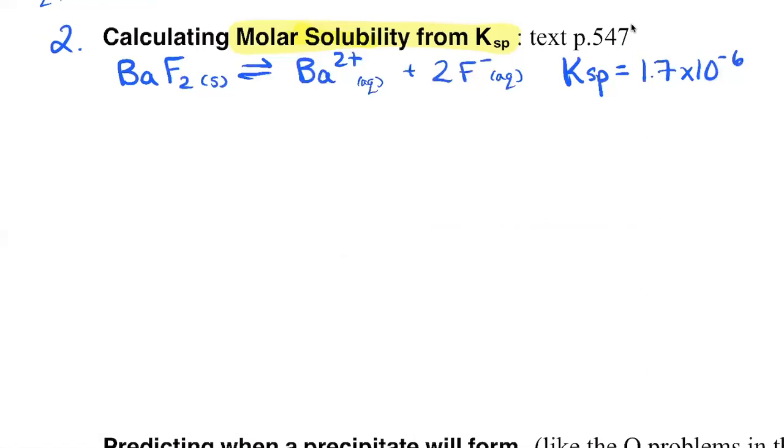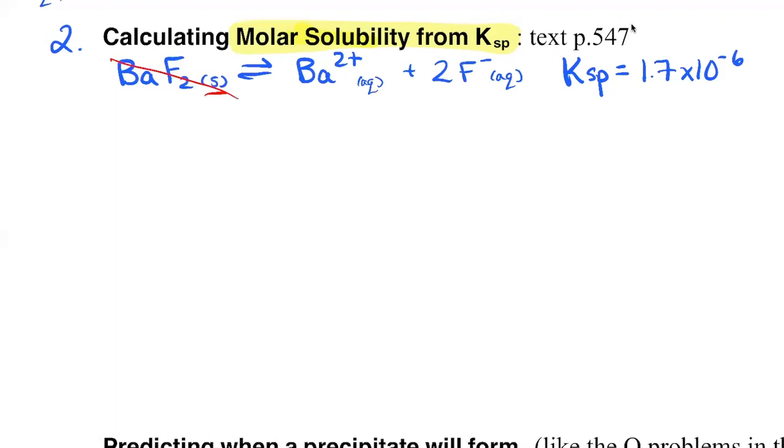So for this question, we are going to need an ICE table. Okay, this is very similar to finding concentrations at equilibrium of a regular KEQ question. The only difference is that because our reactant is a solid, we're basically not going to be including that in our ICE table or our calculations because of it being a solid. So it's actually a little bit easier to solve than the other questions that are like this for just a regular equilibrium question.